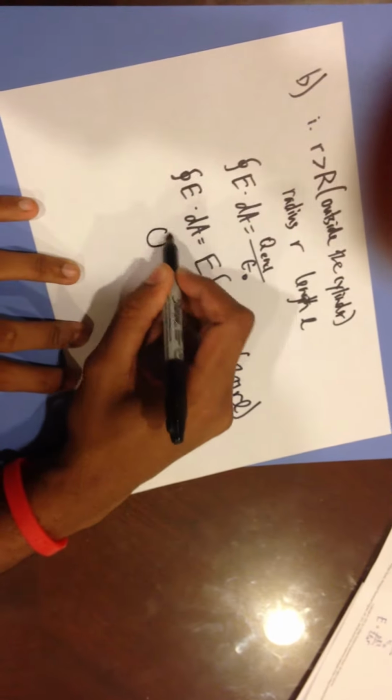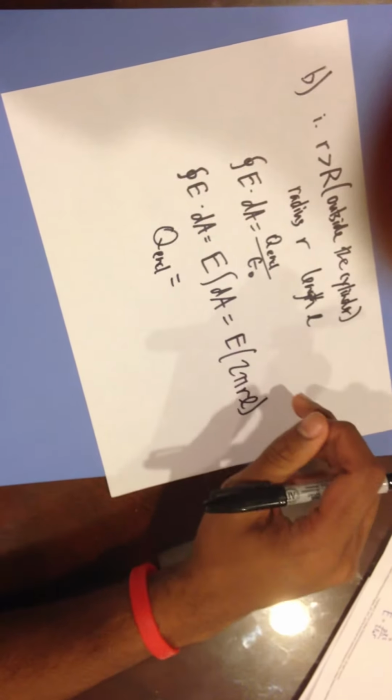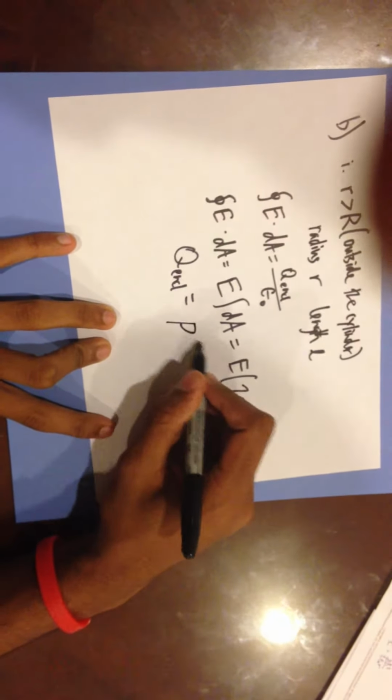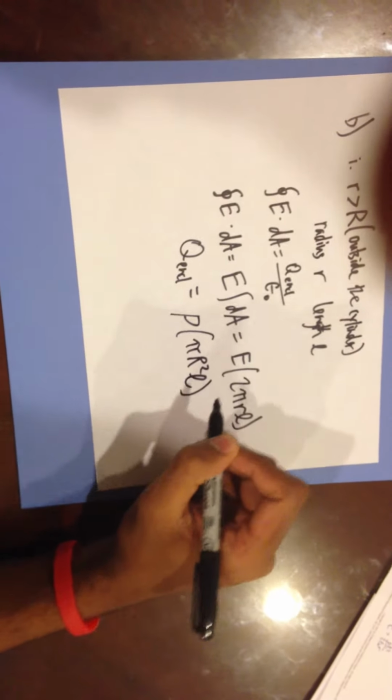And then Q enclosed, since we're using a Gaussian cylinder and since there's constant density rho, we can say that it's equal to rho times pi big R squared L, because we can use the area.